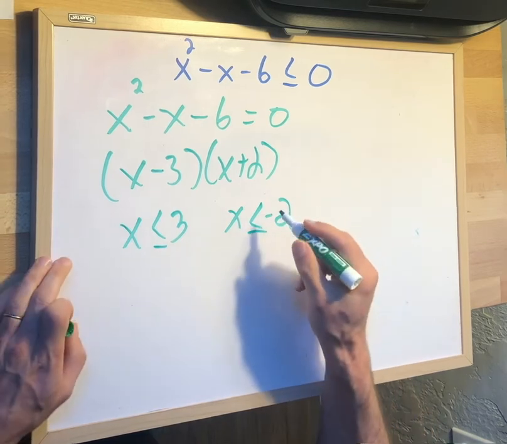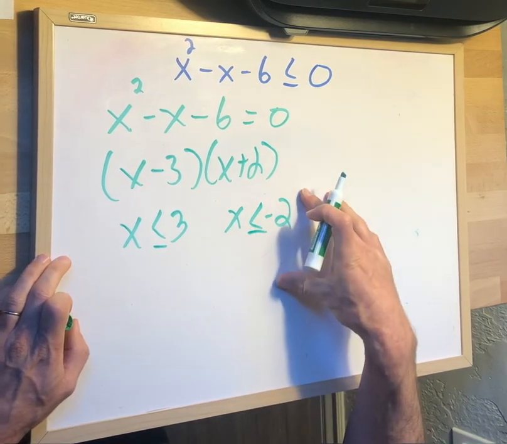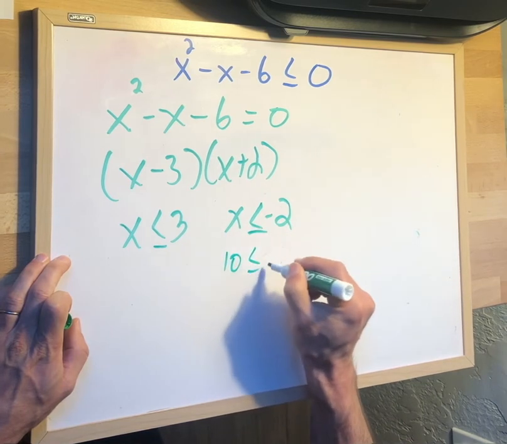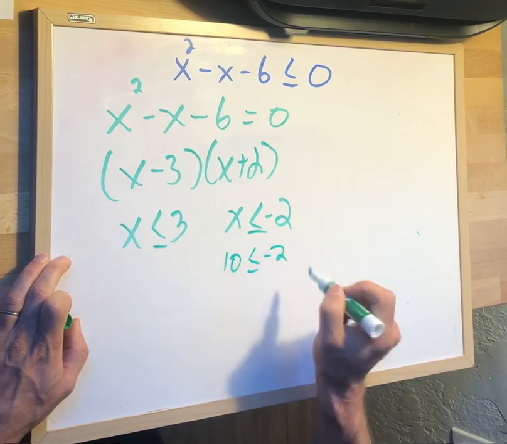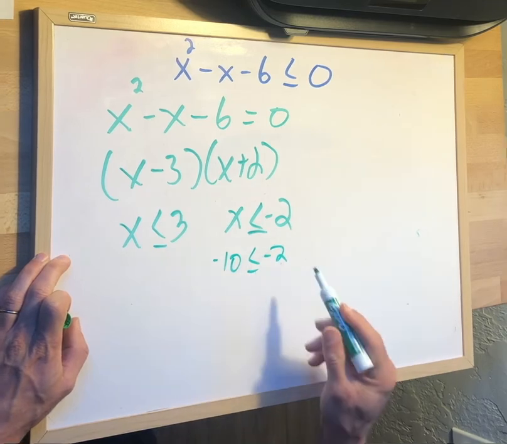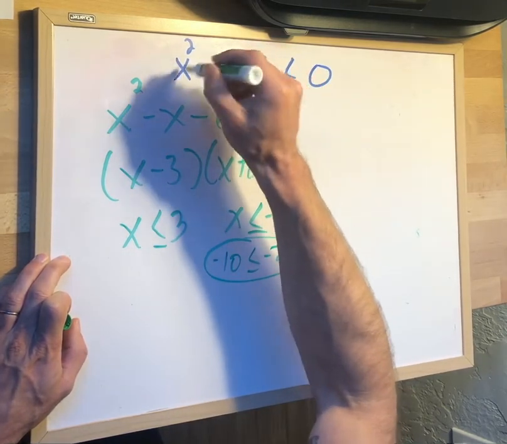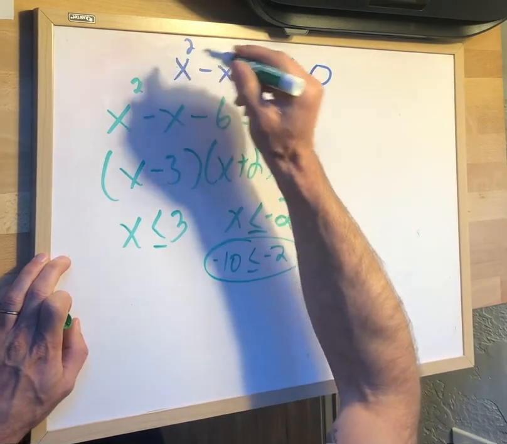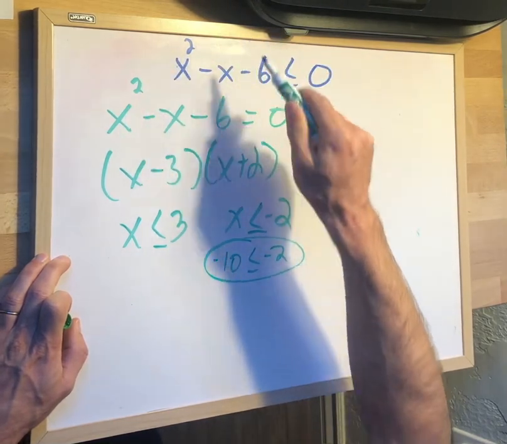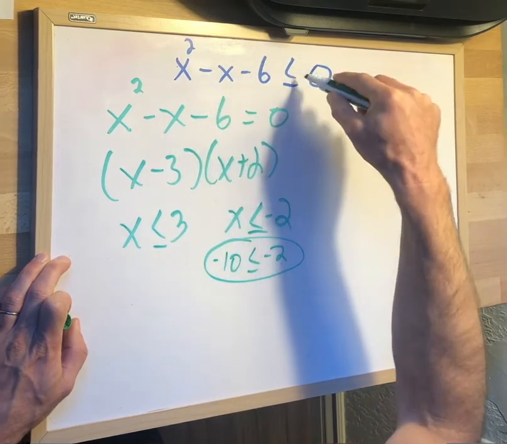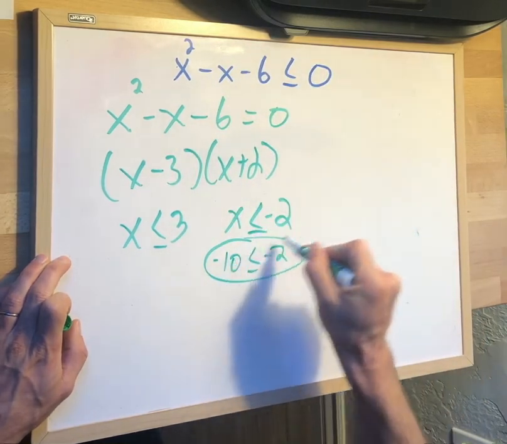Let's just use negative 10, because negative 10 is less than or equal to negative 2. But watch what happens if I plug negative 10 into this original inequality. Negative 10 squared is 100. 100 plus 10 minus 6 is not less than or equal to 0. This will not be true.